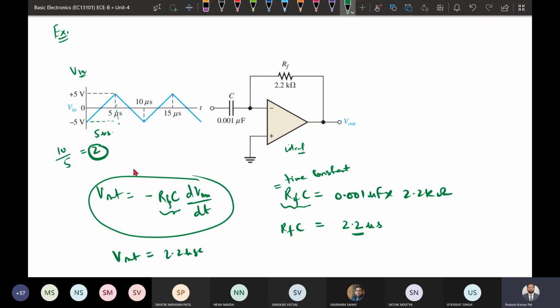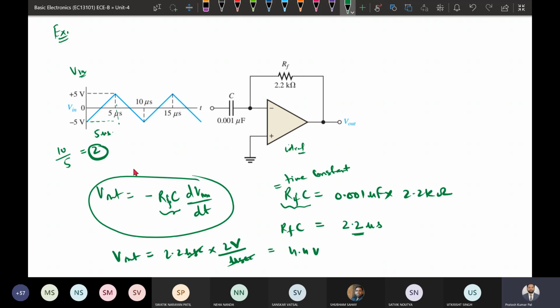multiplied by the slope, which is 2 volt per microsecond. The microsecond will be cancelled out, and it will be 4.4 volt. So V output will be 4.4.